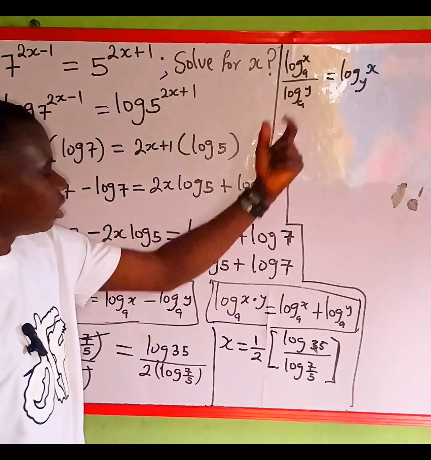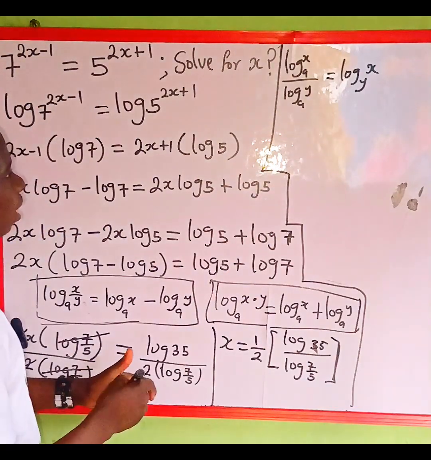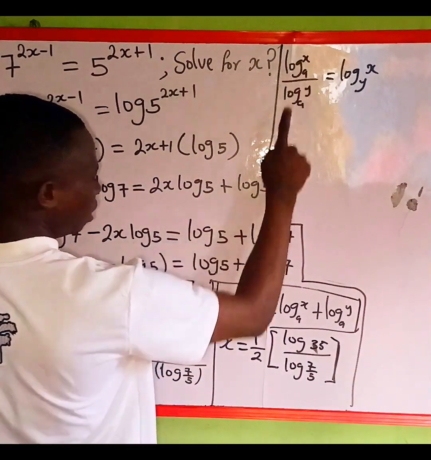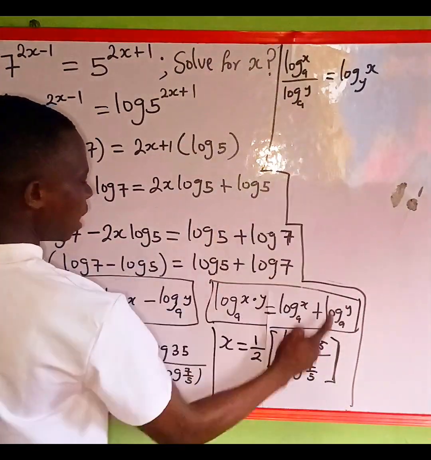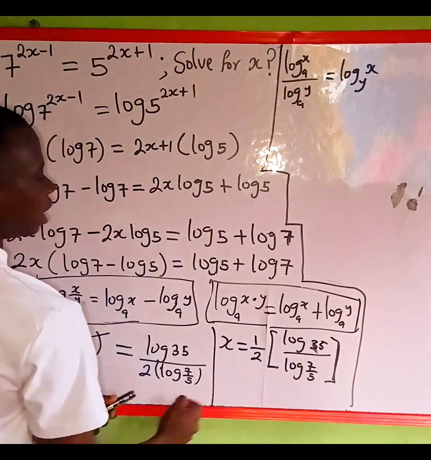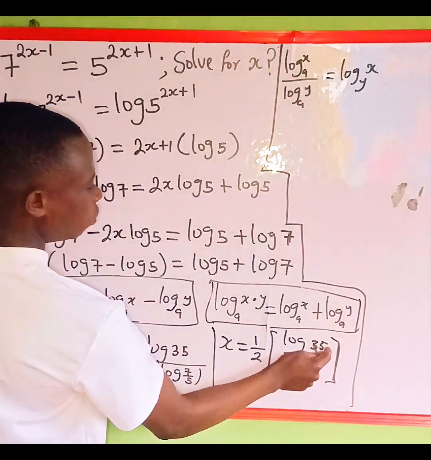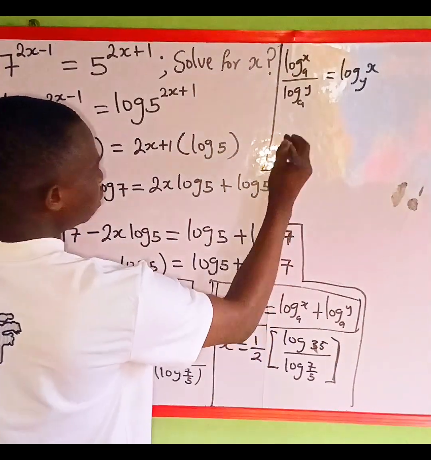As you can see, this is in the form of this bracket. So we're going to rewrite it in this form. And remember, from this, log x implies log 35 to base 10, and log y is log 7 over 5 to base 10. So we do what? We make this to be our new base, then we make 35 to be our new term, like the way we did here. So this is going to be what?